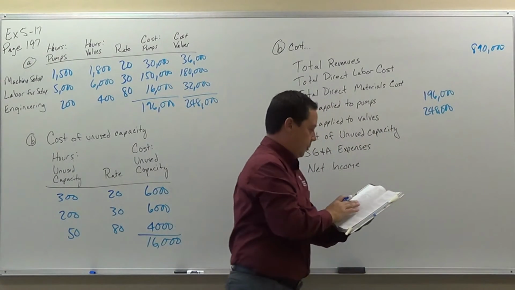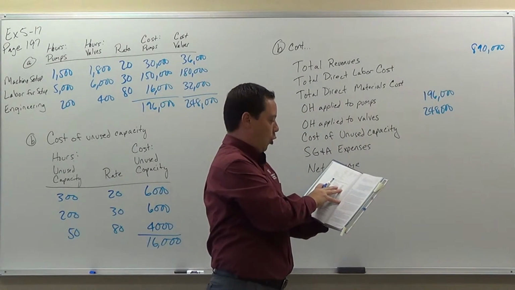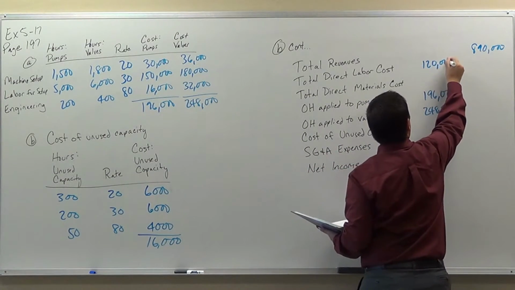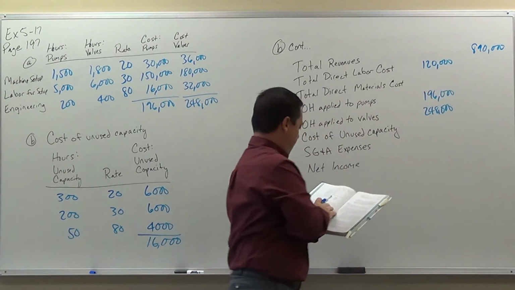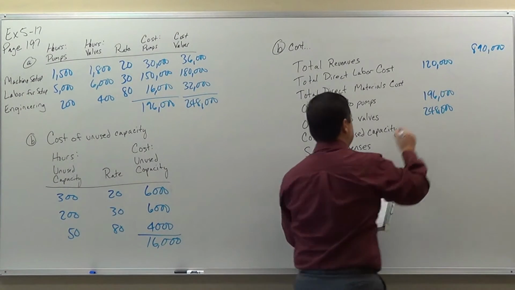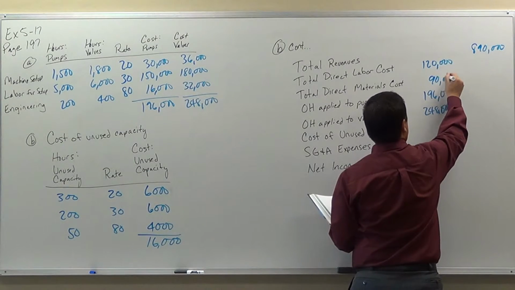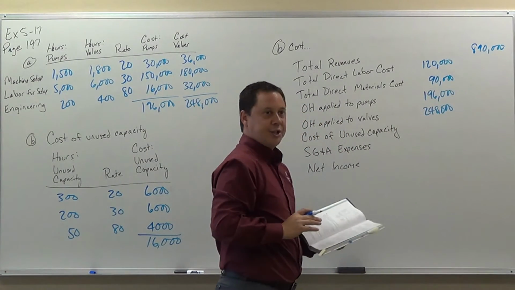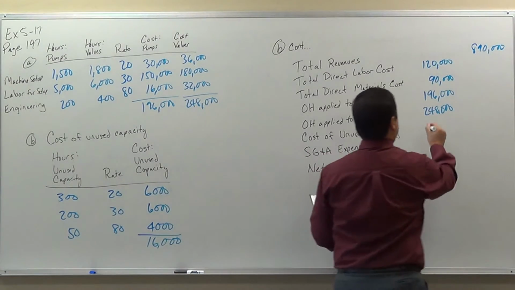Now I go below that, it says total direct labor costs is 120,000. So I'm going to put that over here. I'm going to add up all my costs in just a moment. And then I have my total direct materials cost is 90. All right, I will get to the SG&A expenses in just a moment.